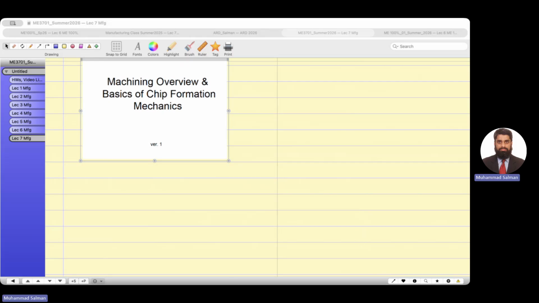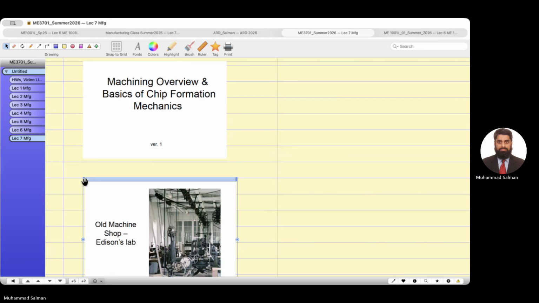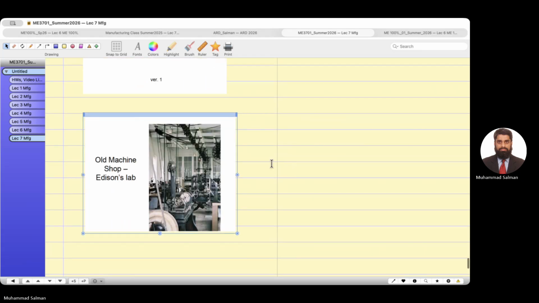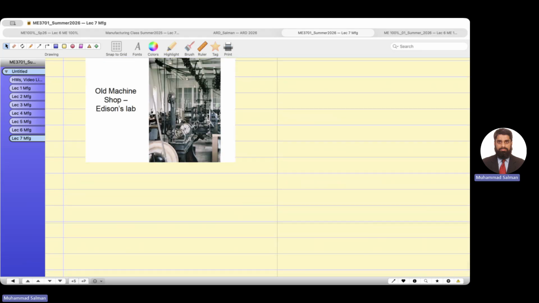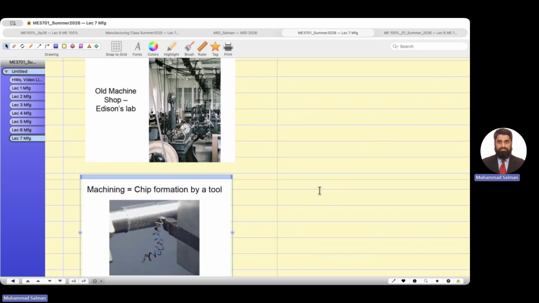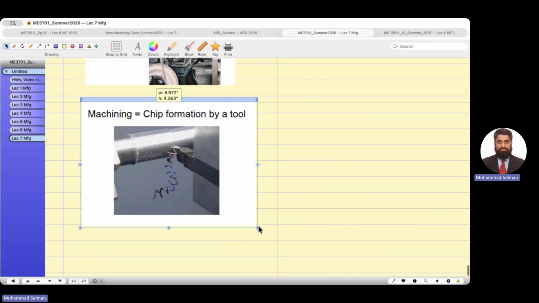You see the old machine shop, but now we have the latest machine shop where machinery is chip formation. So I will focus on this part. When you are doing the processes, you will focus mostly on this section.